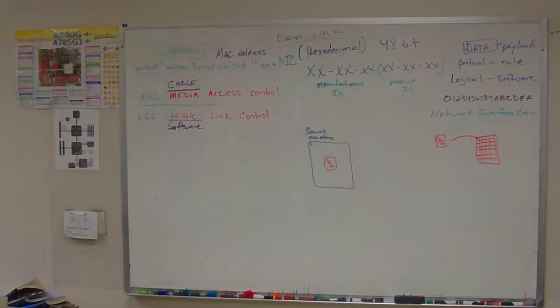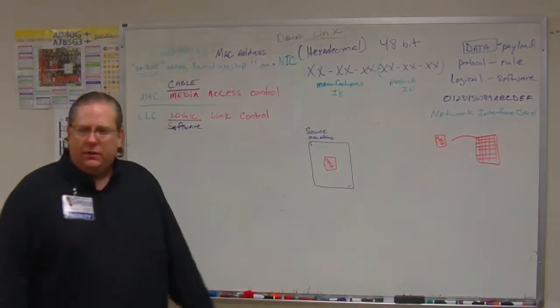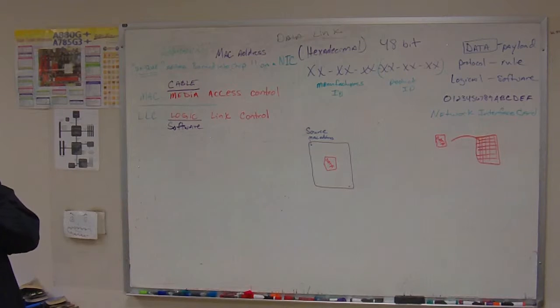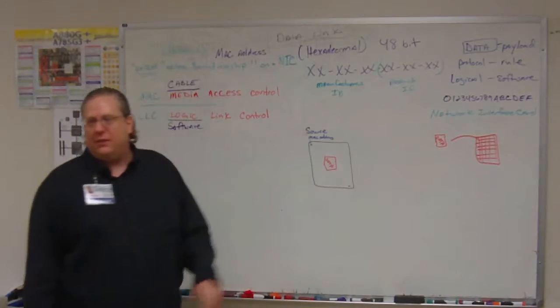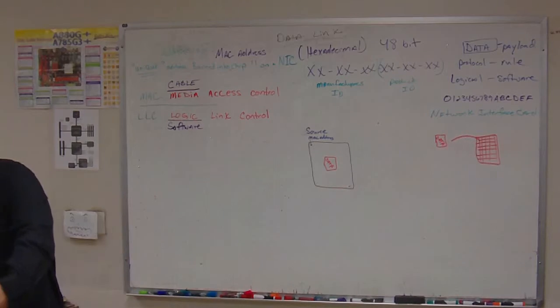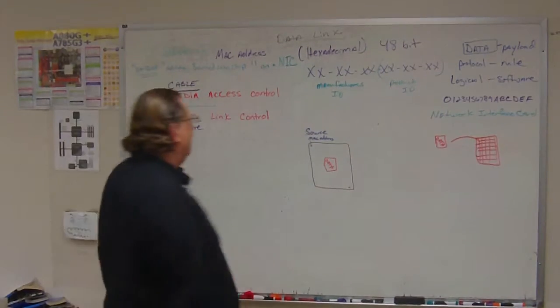What other address goes on a letter? That's who it came from. Where else is on there? Oh yeah, your state and zip code. That's right, that's our source MAC address. But also, who am I mailing it to? Destination.